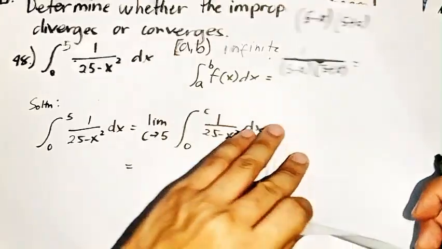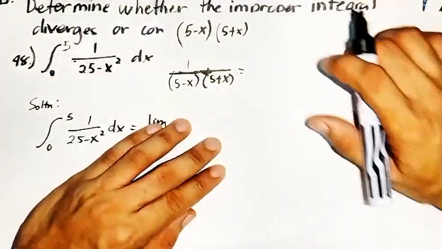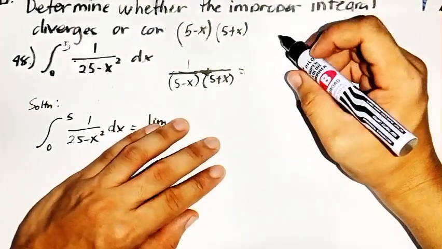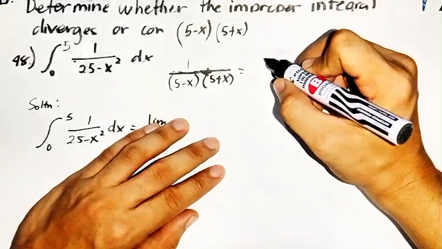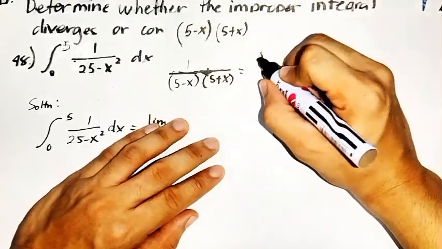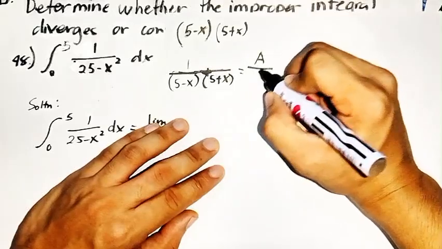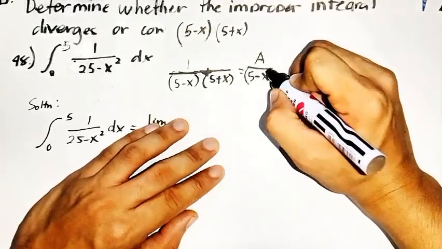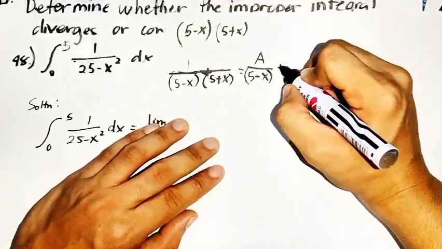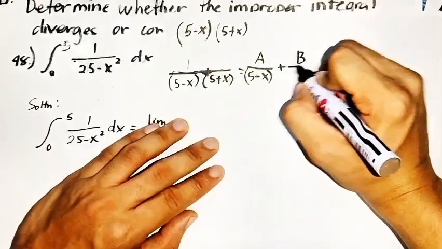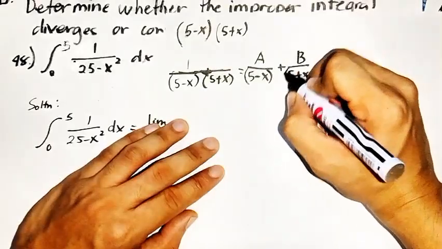Now, let's focus on this first. So let's apply the partial fraction. This becomes A over 5 minus x plus B over 5 plus x.